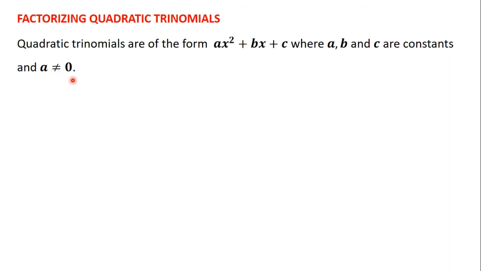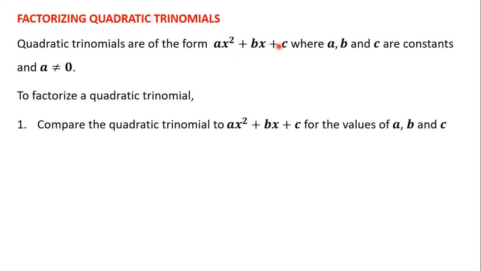We learned about this in the previous video. So a quadratic expression with three terms is known as a quadratic trinomial, and this is the general form, ax squared plus bx plus c, where a, b, and c are constants and a is not equal to 0.